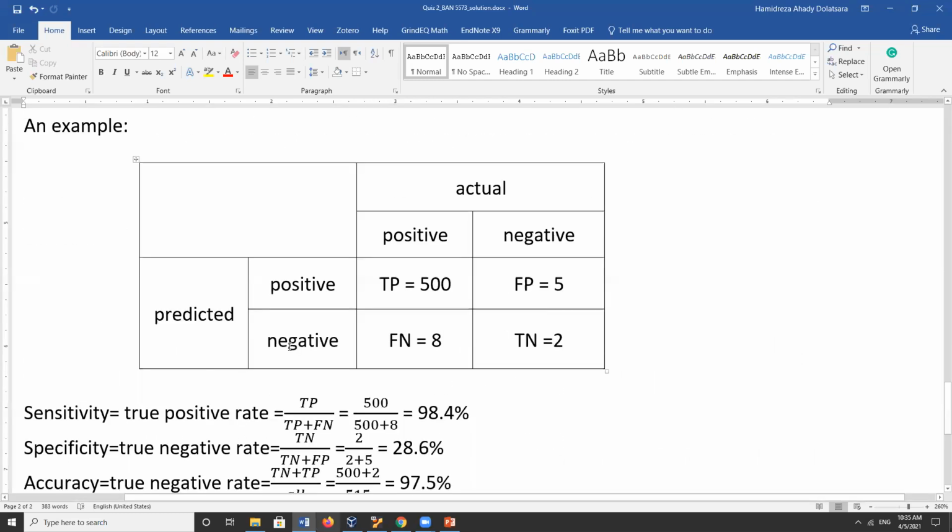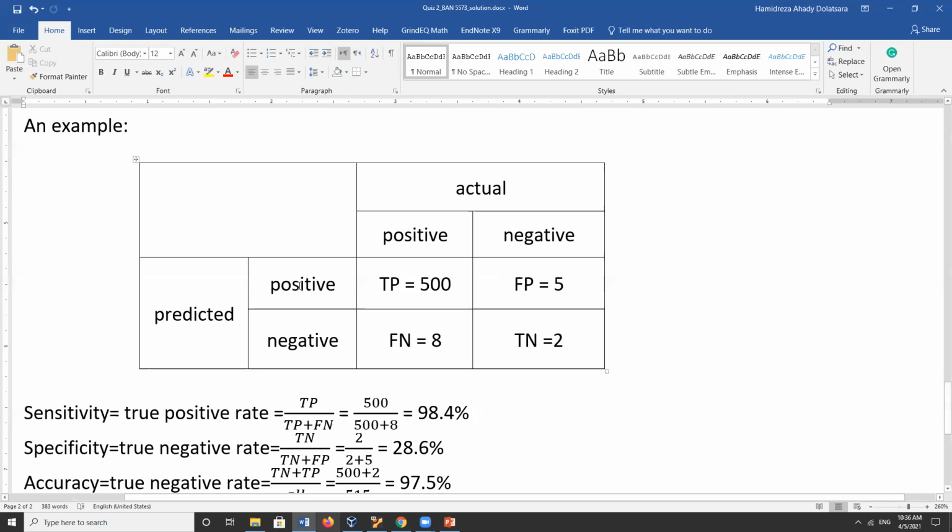So usually when you have too many observations in one category, let's say the positive category, but you have few observations for the other category, which is negative here, you might see a high sensitivity but low specificity. Like here, out of actual 508 positive cases, they could predict 500 of them correctly.